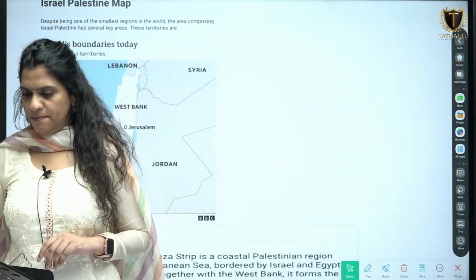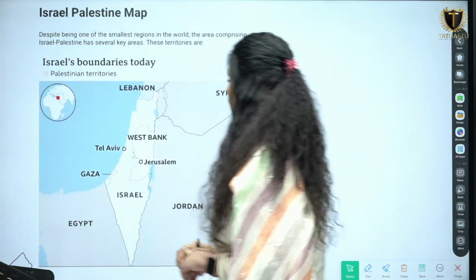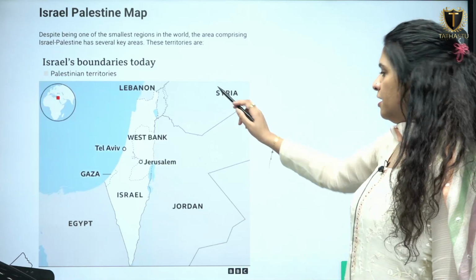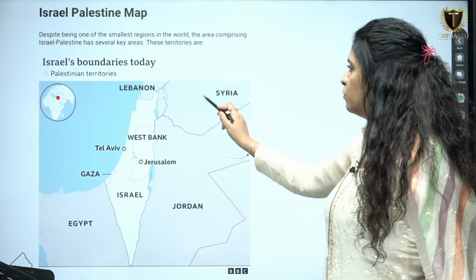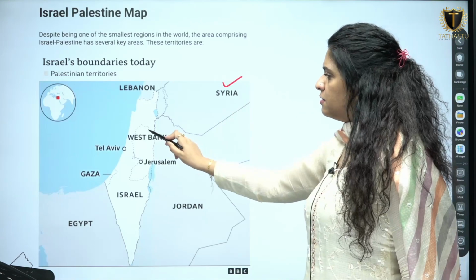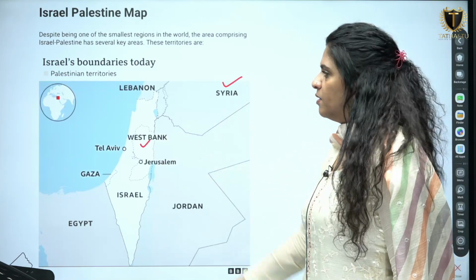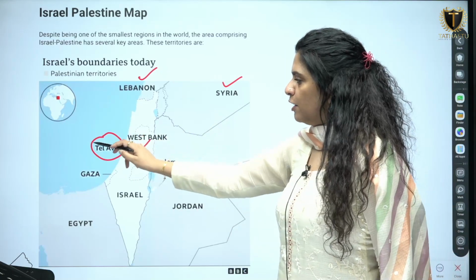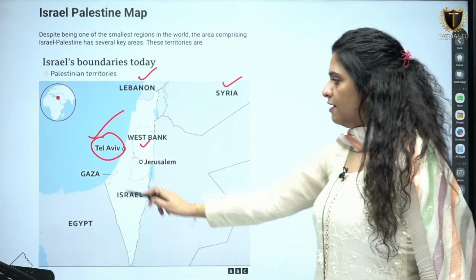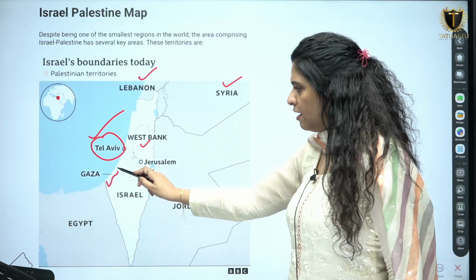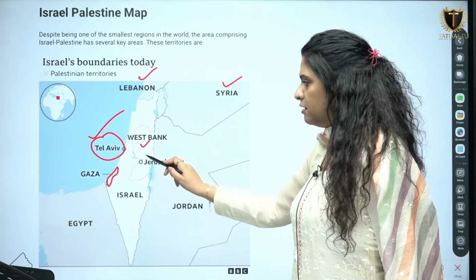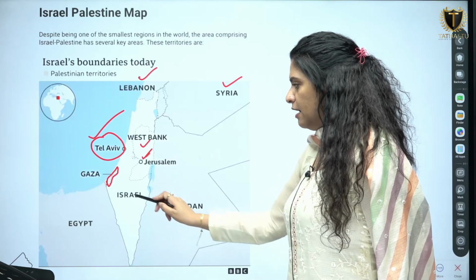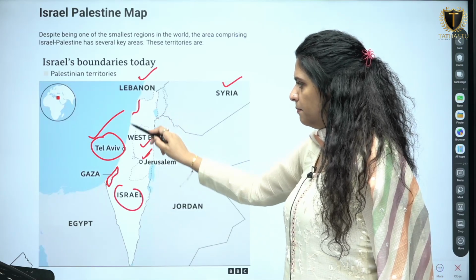Look at this map. So here is Syria. This very small area is the West Bank. Here it is Lebanon, and Israel, the capital of Israel is Tel Aviv. Then here a very small area is Gaza. This is Jerusalem, and by the way, this is completely Israel.